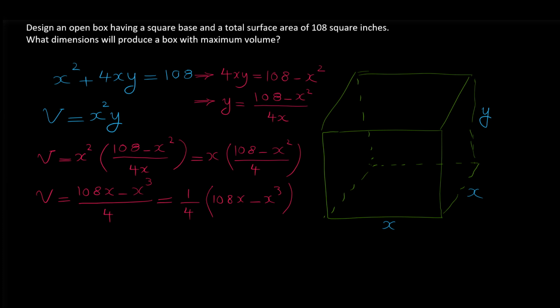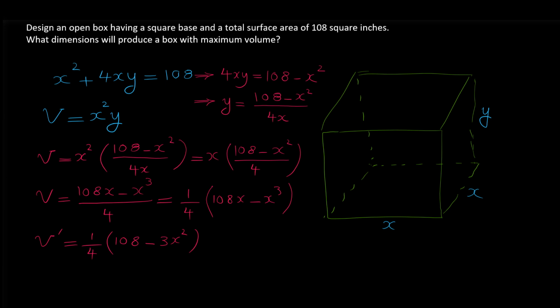Now for finding the value of x that maximizes the volume, we have to find the critical points. V prime is 1/4, the coefficient. We write the coefficient and we take the derivative of the inside of the bracket. The derivative of 108x is 108, and the derivative of x cubed is 3x squared.